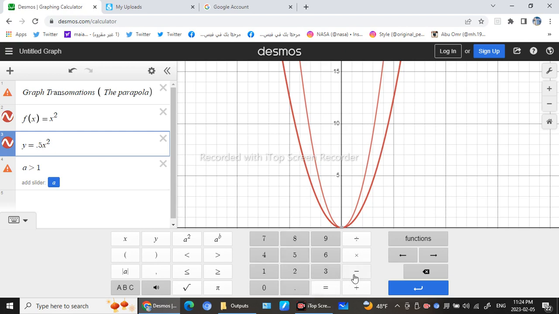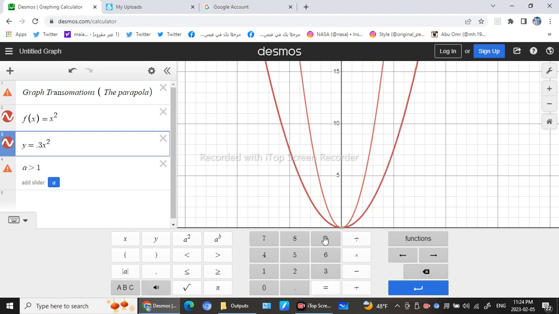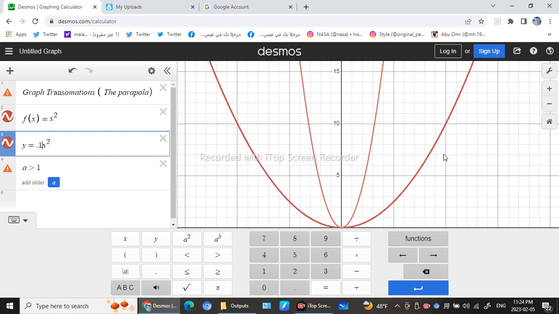If I take a smaller constant, for example 0.3, see the stretching increases, the stretching outward. Decreasing it also, 0.1, so the stretching increases.